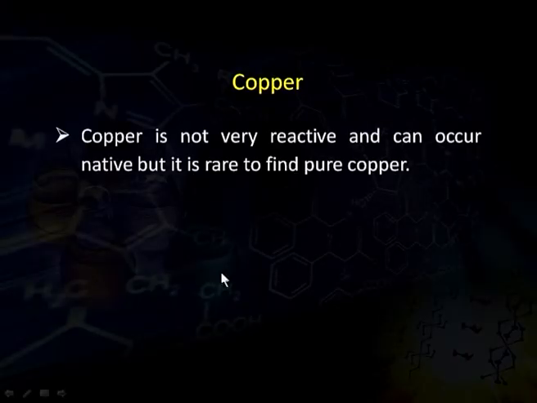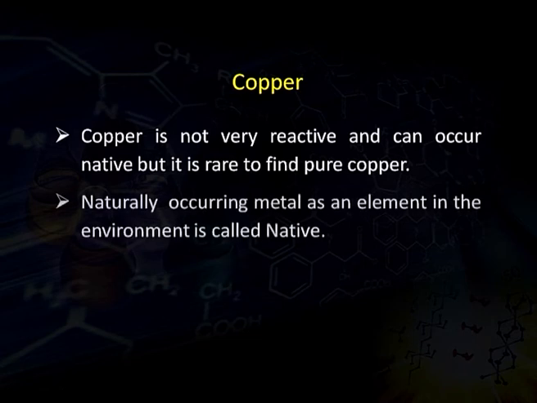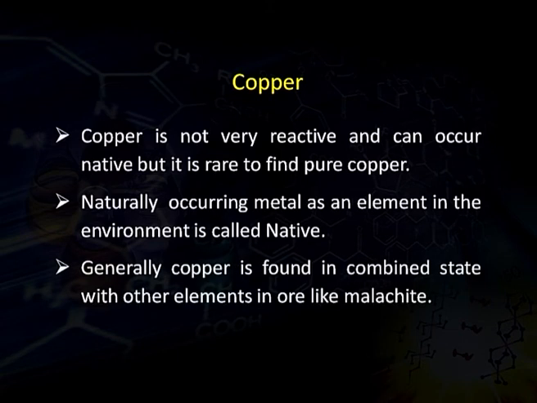Copper is not very reactive and can occur native, but it is rare to find pure copper. Native elements are the naturally occurring metals as an element in the environment. Generally, copper is found in a combined state with other elements in ores like malachite.